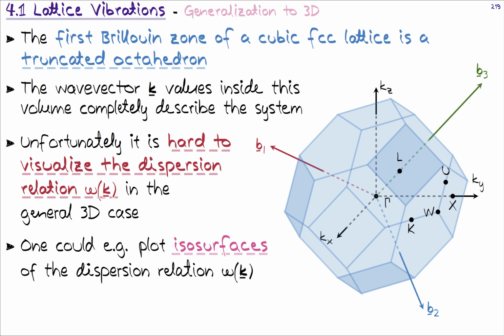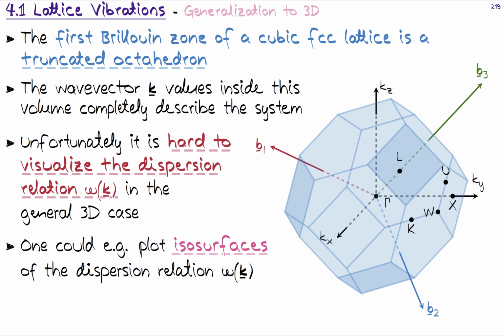So we could, for example, plot isosurfaces of the dispersion relation omega k. So an isosurface is a surface that we get out of the dispersion relation where on that surface the omega values are constant. So iso meaning similar, constant, and surface that it's a surface plot.